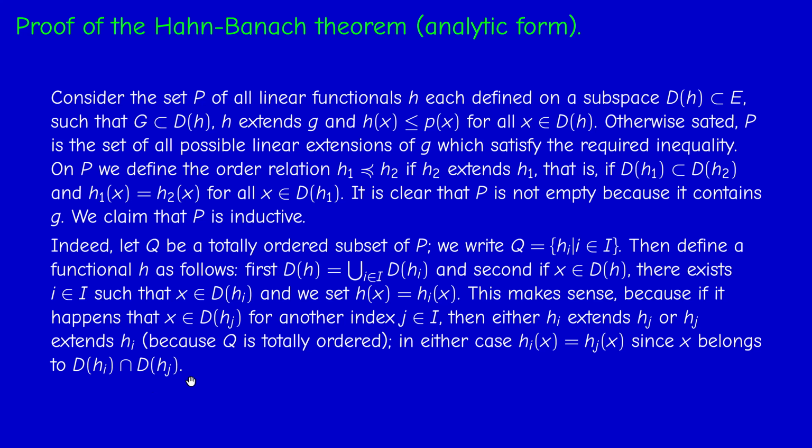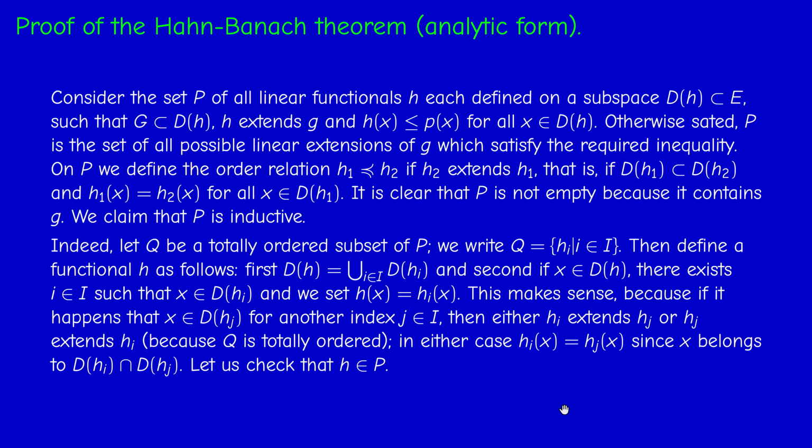If one extends the other, they agree on the smaller domain. The intersection is actually either D(h_i) or D(h_j), so this really makes sense. So h is well defined, it doesn't depend on the index. Here we used crucially the assumption that Q is totally ordered, because for an arbitrary set which is not totally ordered, this is not necessarily true.